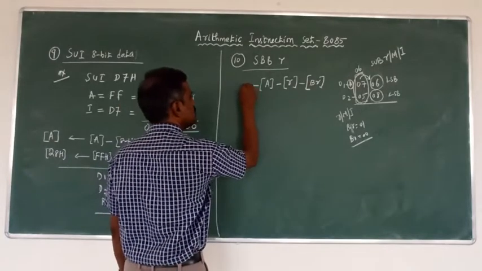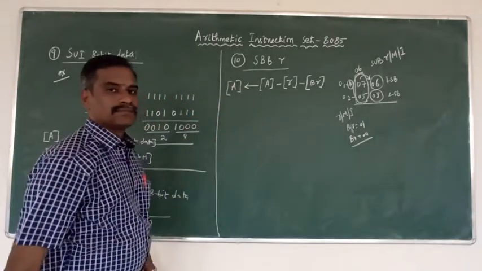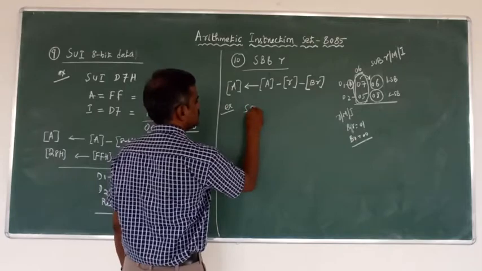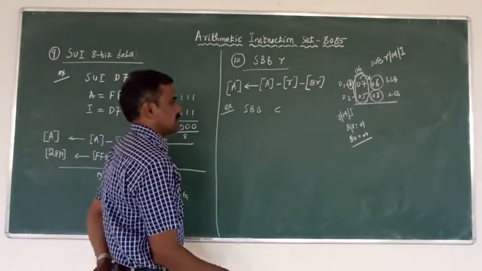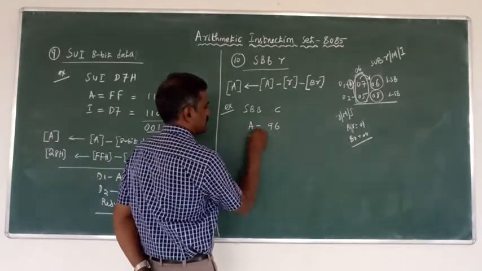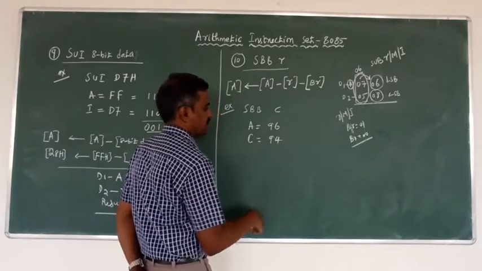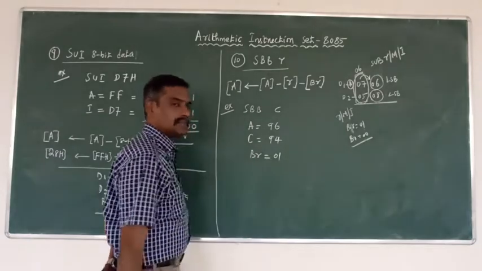That result is always stored in the accumulator. Okay. Example: SBBC. SBBC. Okay. A register 96 and C register 94 and borrow 1.